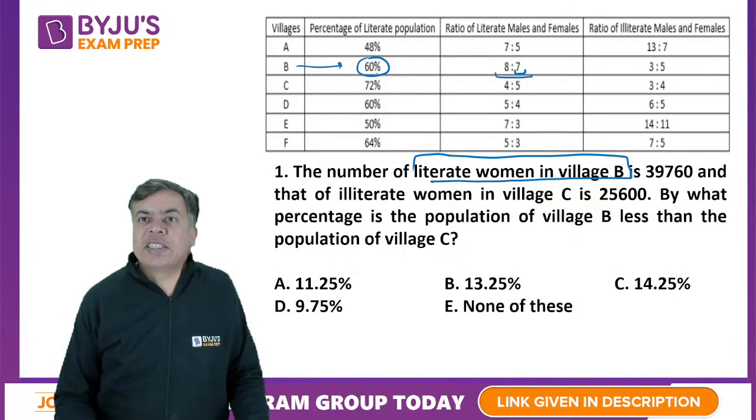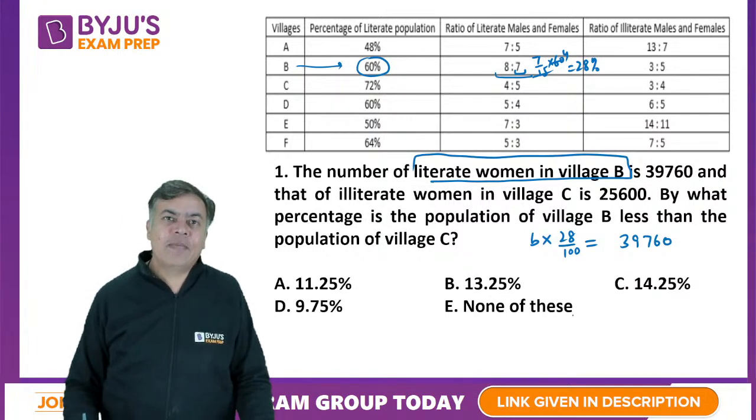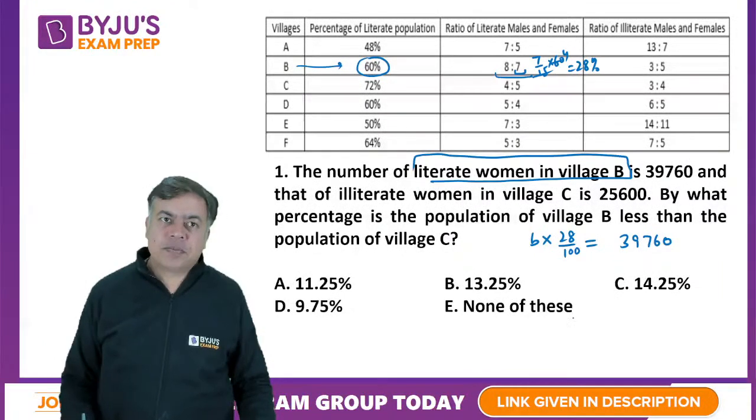So out of 60, it becomes 7 by 15 into 60, that is 28%. So 28% of village B is equal to 39760. Are you getting this, Nikita? Any doubt, anybody, you can ask.